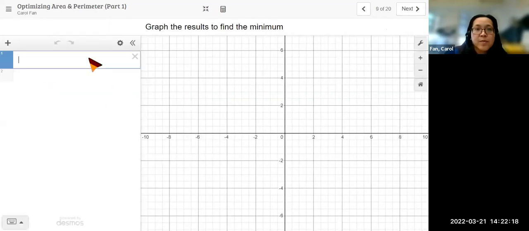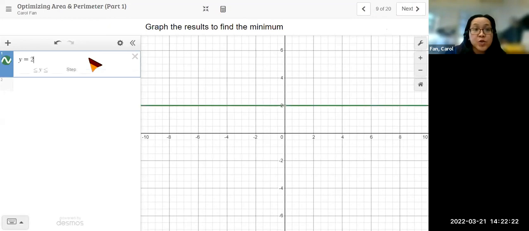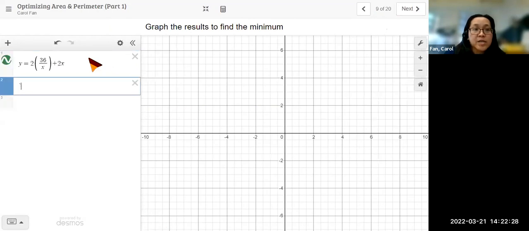So let's write it down. Y is equal to 2 times 36 over x plus 2x, where y is equal to perimeter and x is equal to width.